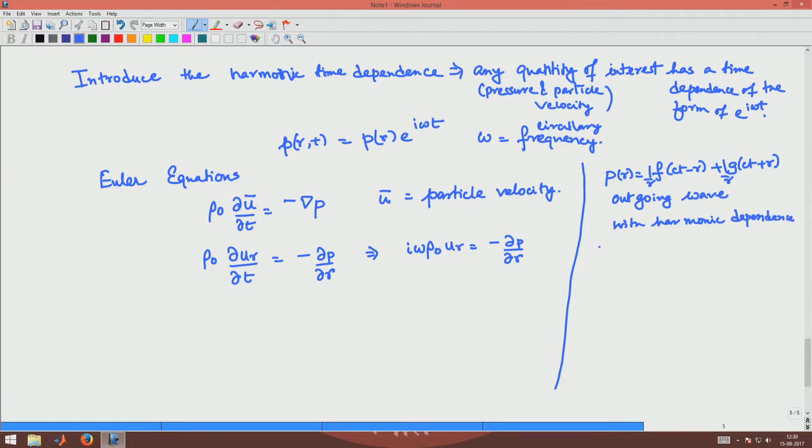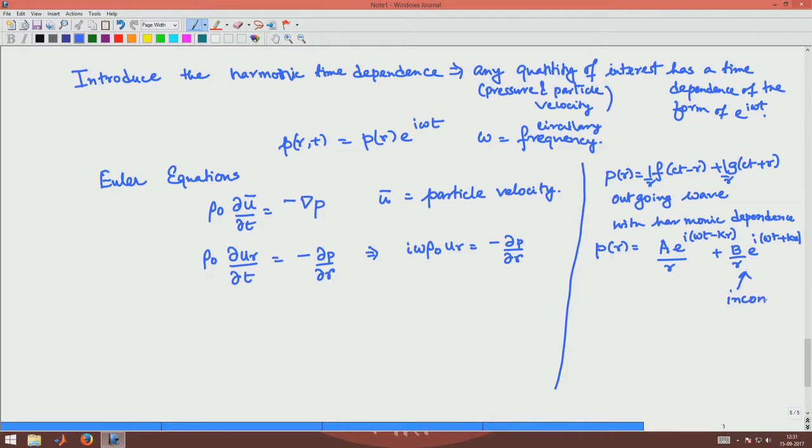So, with harmonic dependence, p at any radial location will be given in this form: a by r e to the power i(omega t minus k r) plus b by r e to the power i(omega t plus k r). But we said that we are not going to look at the incoming wave. So, this is the incoming wave.